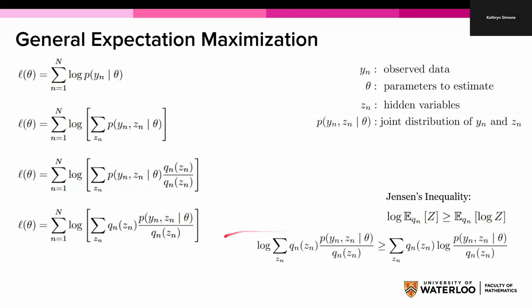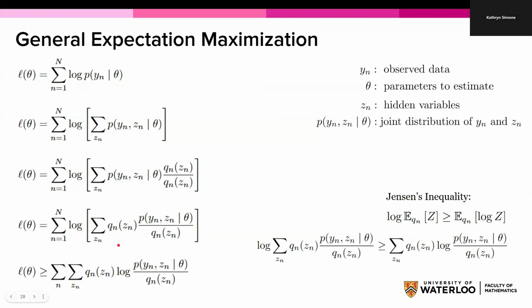Applying Jensen's inequality allows us to move this log inside the sum over z, and that transforms the expression into a more manageable form. So we've replaced the log of a sum, which is hard to optimize, with a sum of logs, which is going to be easier to handle.